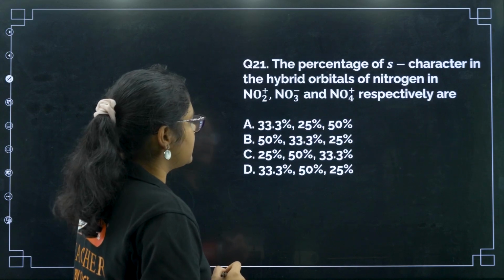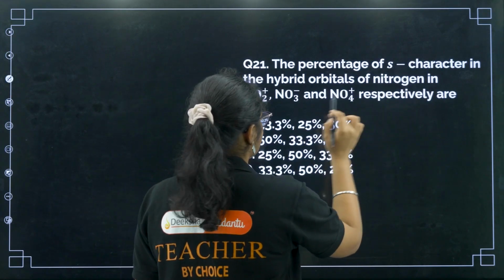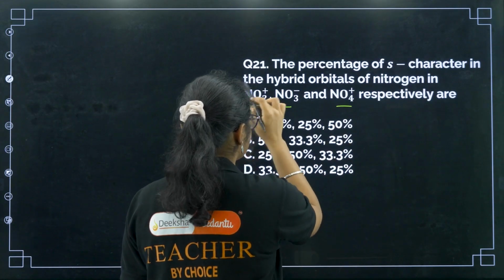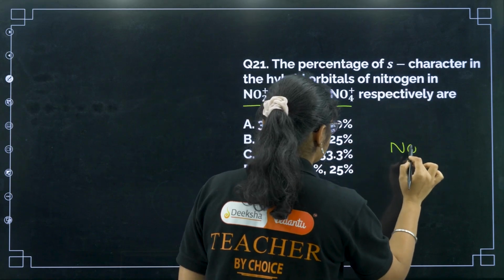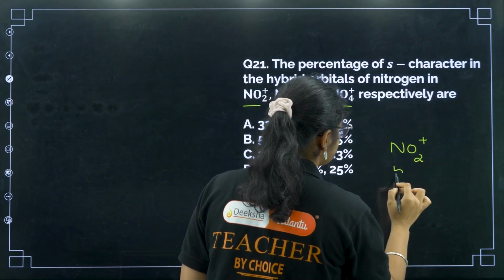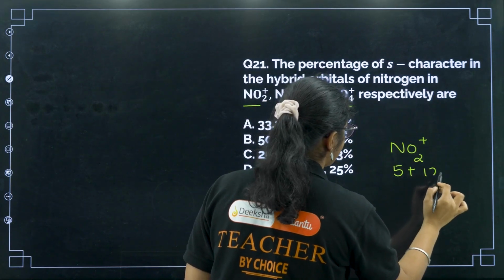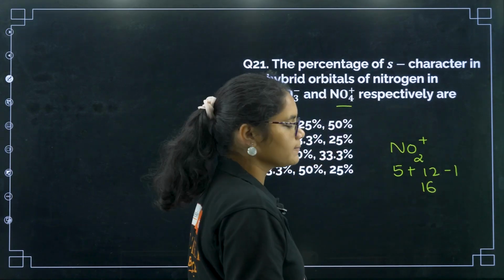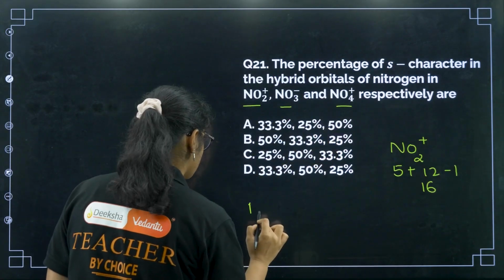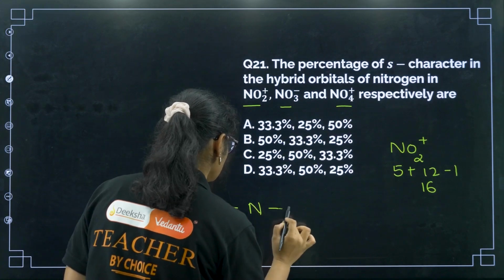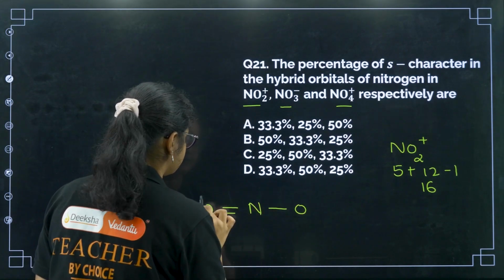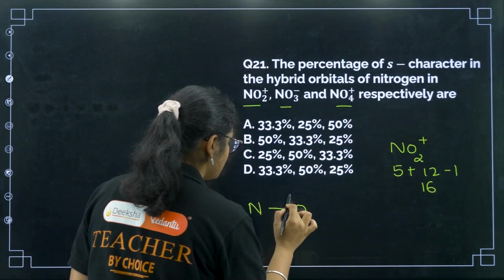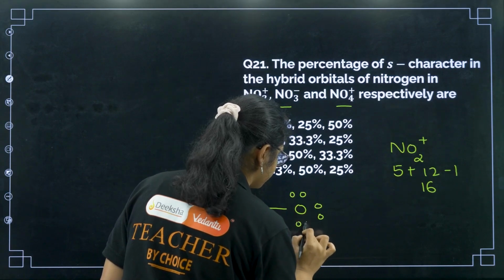The percentage of s character in the hybrid orbitals of nitrogen is given. First, if you calculate NO2 plus, how many electrons are there? 5, 6 plus 6, 12, minus 1. So 17 minus 1, 16 electrons are there. Now I want to arrange 16 electrons: 1, 2, 3, 4, 5, 6, 7, 8, 9, 10, 11, 12, 13, 14, 15, 16.